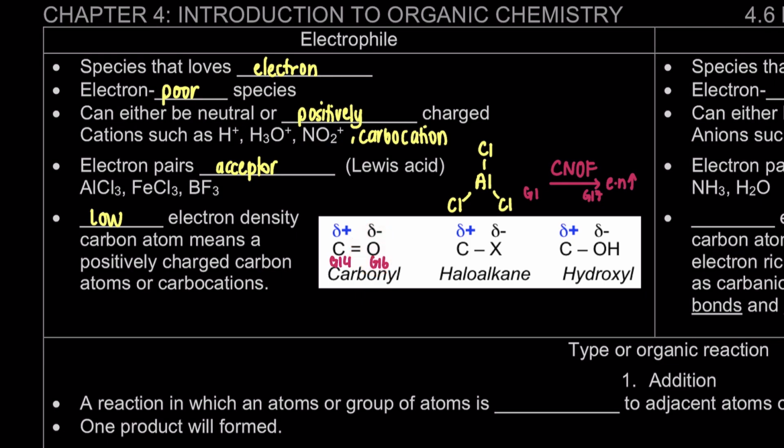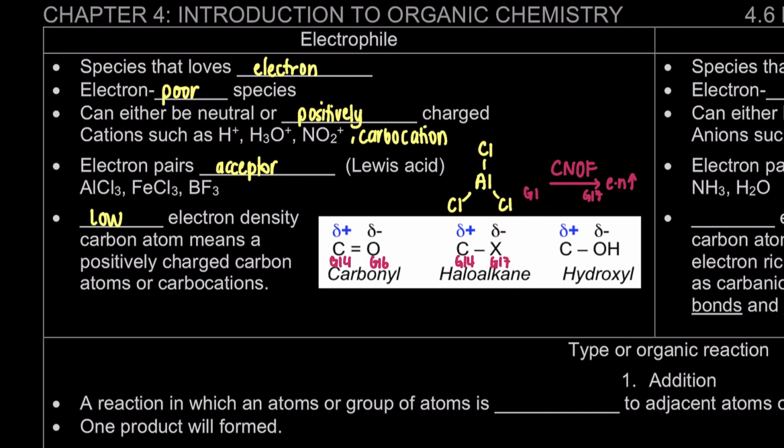The same goes here. Again, carbon is group 14 and halogen is group 17. Carbon has 4 valence electrons. Halogen has 7 valence electrons. So actually, electron is more attracted to the halogen itself. Again, because the halogen needs only 1 more electron to achieve octet.